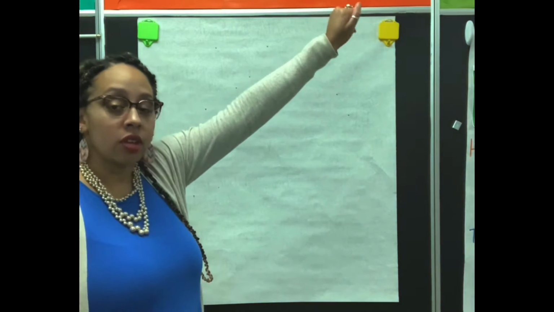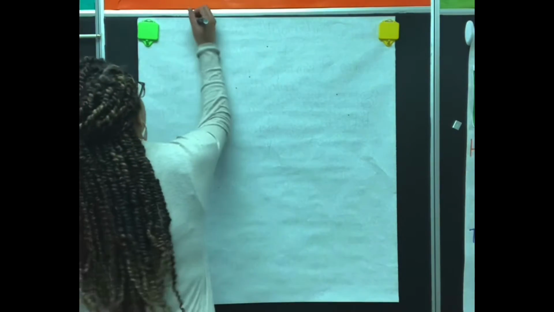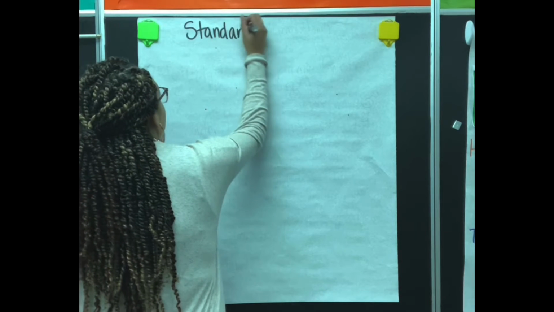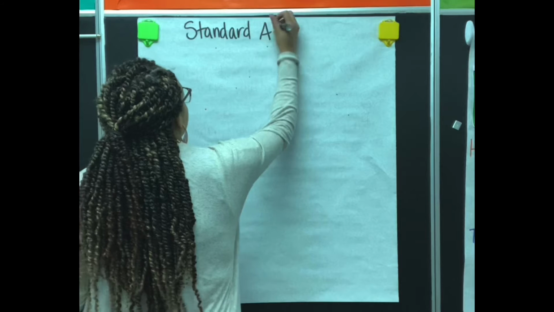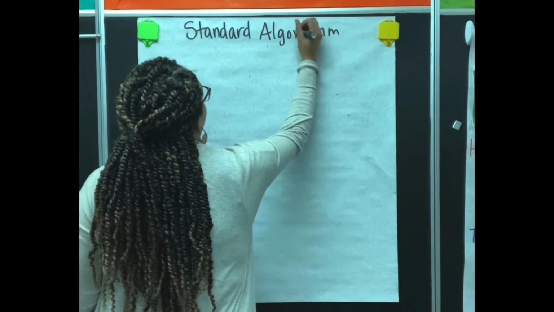So on page 43, on the right-hand side, we're going to do the anchor chart, and on the left-hand side, you should have your flaps that you're going to practice this underneath. So we have the standard algorithm.